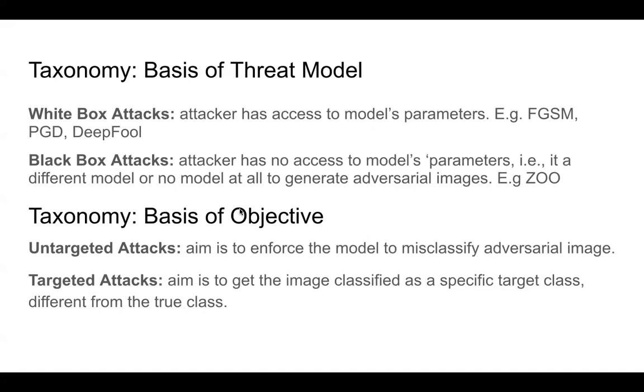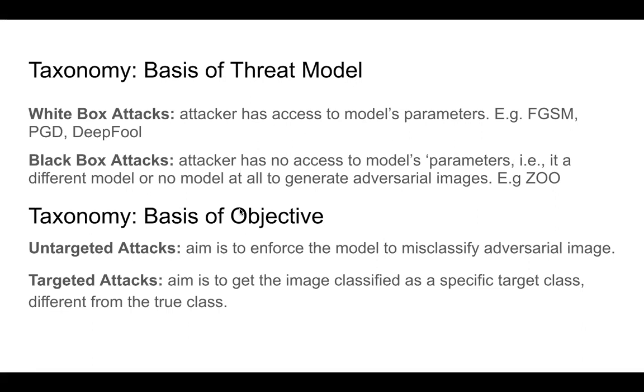Okay. The second method is the black box attack. In the black box attack, the attacker has no access to the model's parameters, i.e., it's a different model or no model at all, to generate adversarial images. The attacker will not have any permission to see the model's parameters or the distribution the data came from.